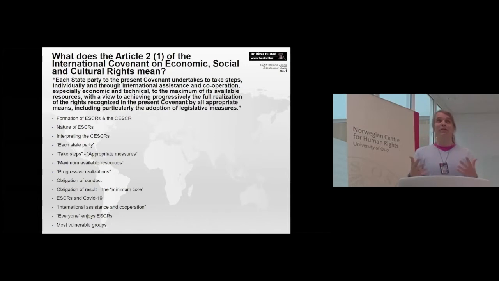Each state party to the present covenant undertakes to take steps individually and through international assistance and cooperation, especially economic and technical, to the maximum of its available resources, with a view to achieving progressively the full realization of the rights recognized in the present covenant by all appropriate means, including particularly the adoption of legislative measures.